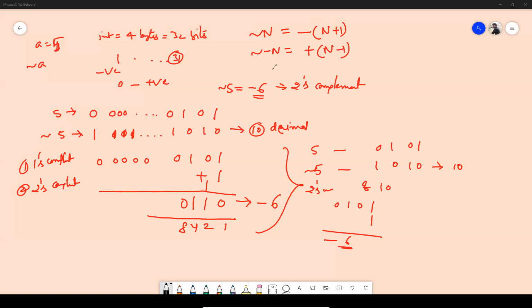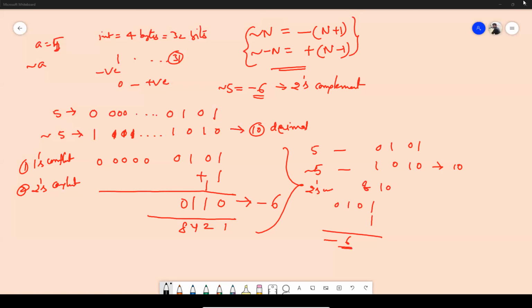Very simple. If you're not able to calculate this, then use the simple formula: tilde n is equal to minus of n plus 1. Tilde minus n means plus of n minus 1. First the sign is reversed, and if it is positive, plus 1, if it is negative, minus 1. That simple it is. Now we'll take some examples and see.